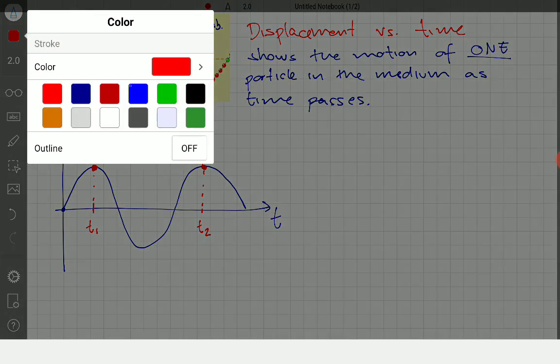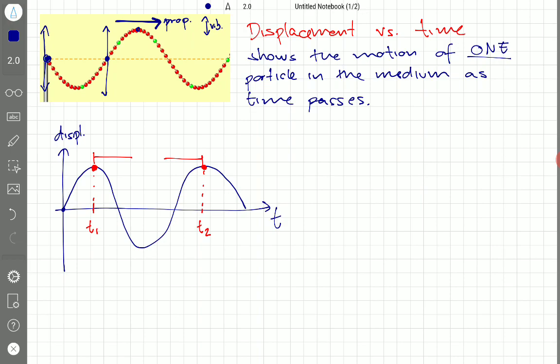Let me change the color so it's easier to see. This particle was at the top at time T1, and then it went to the bottom. That's what the graph is showing, that it goes down, and then it goes up again, and comes back at time T2.